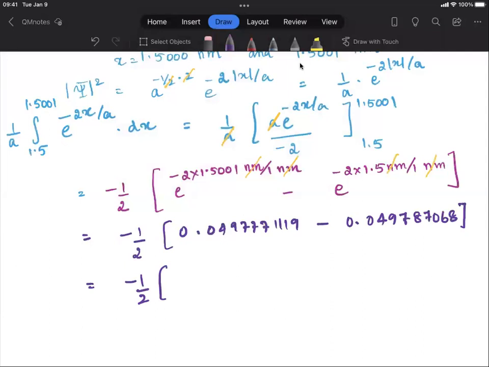So if I subtract these values, I will have a value like this.